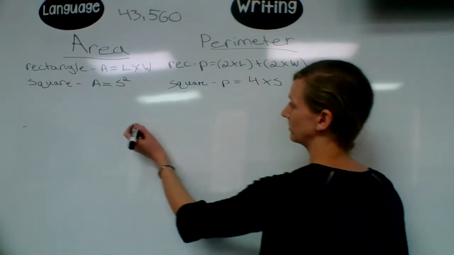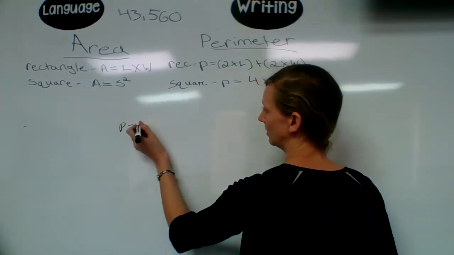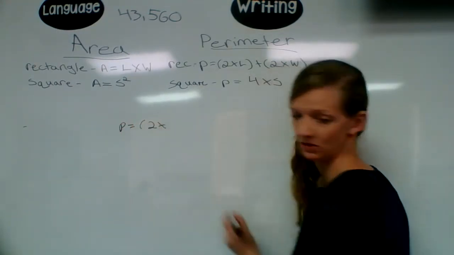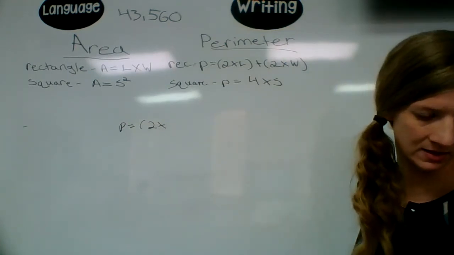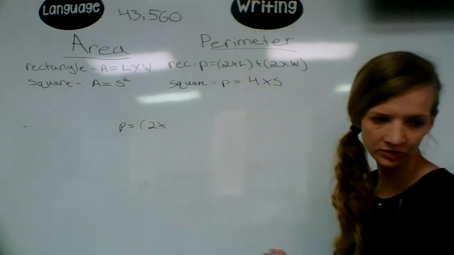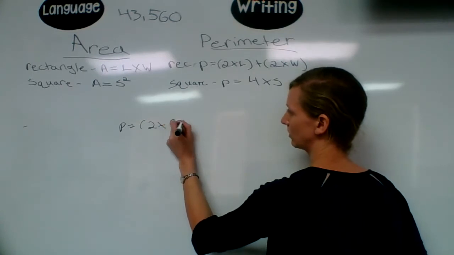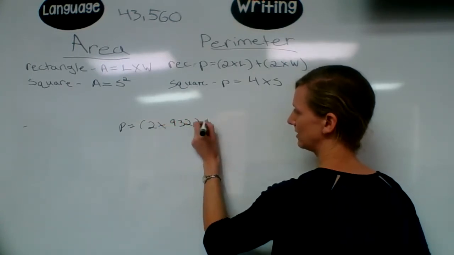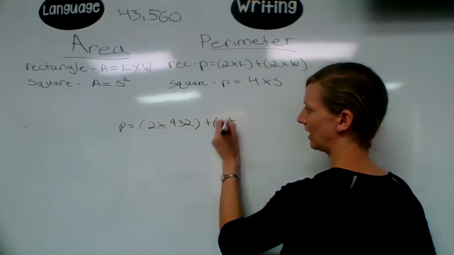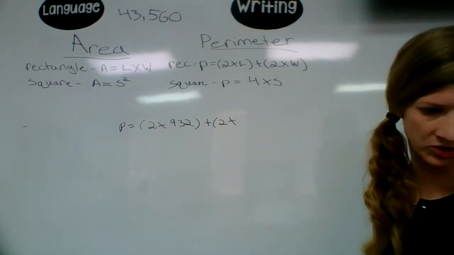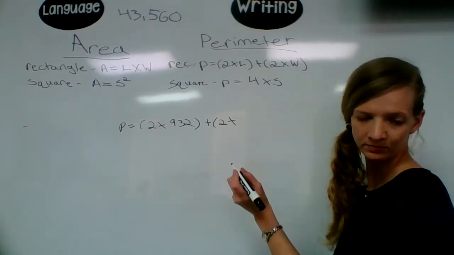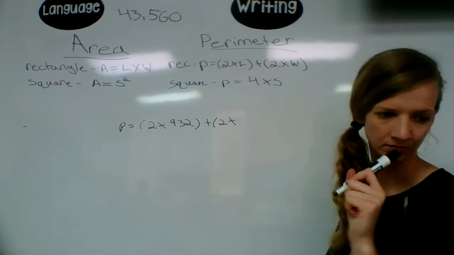P equals 2 times length. So the length is 932 plus 2 times the width, which is 941. Wait, just kidding.